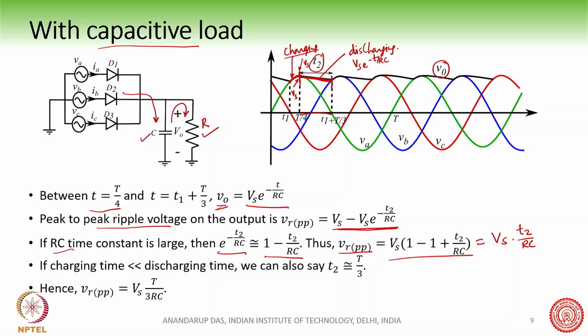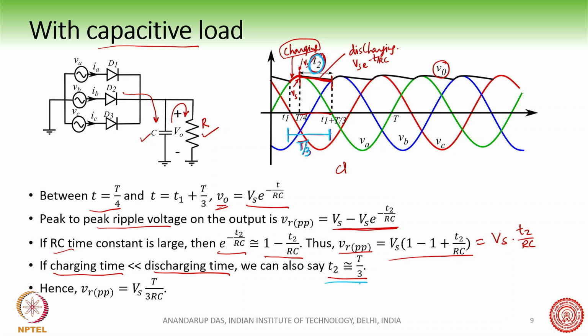Now if the charging time is much less than the discharging time, which is mostly the case when the time constant is large, we can say that T2 is almost equal to T by 3, which means this T2 time period is covering almost the whole of this T by 3 time period.